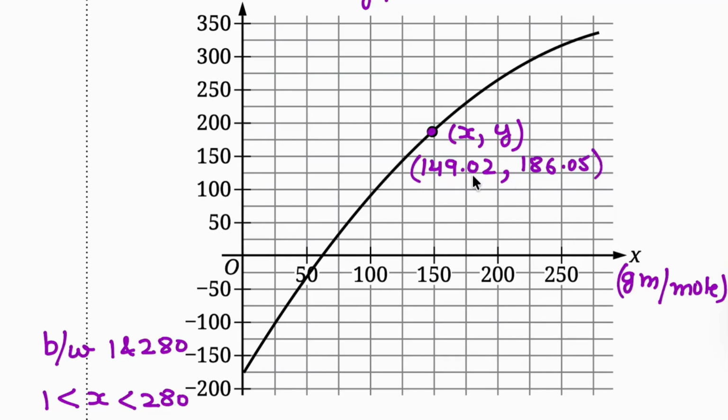And if we check, x is the weight, so that means 149.02 is gram per mole. You must have noticed I said 149.02 and then I said 149.02 again. Now you have to tell me which one is correct: should I say decimal here or should I say point here? So that's a question for you. And y is the boiling point, right? This is the information we are getting from this graph.